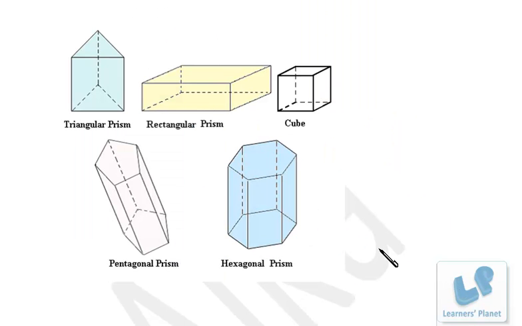Now before we move further, I would like to share an interesting thing with you. There is a relationship among edges, vertices and faces of 3D figures, all of 3D figures, right? Now what exactly the relationship is, let's see carefully. See, these are known as vertices, right?